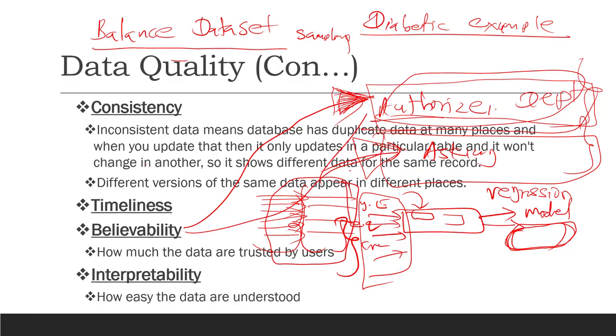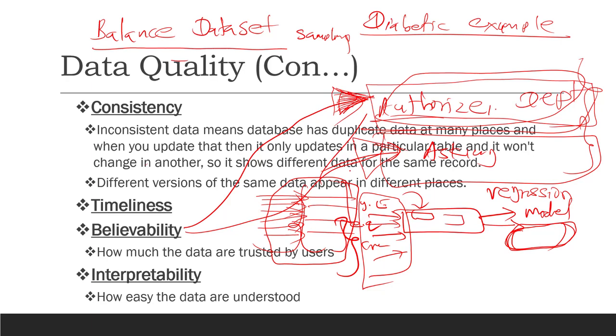Likewise, we have different complex equations, and with different columns, some columns we can easily understand, what the column is and other things, right? So interpretability means how easy your data is to understand. These are the attributes we consider as data quality attributes, right?